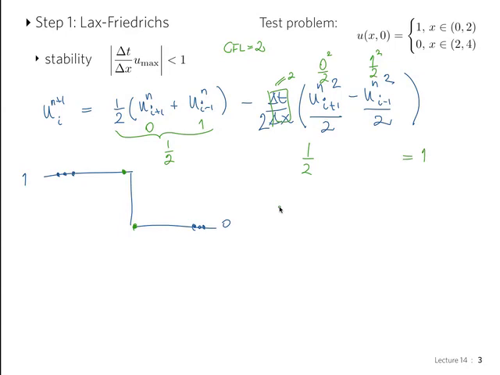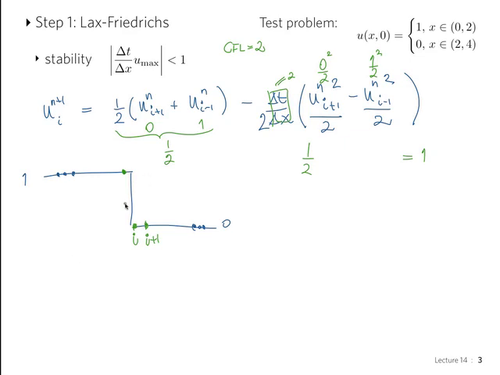Good? So it means that at the next time step, suppose this is I, and this would be I plus 1, and this is the value that has a difference, this is going to just jump from being 0 to being 1 at the next time step. And the same situation will repeat the next time step.